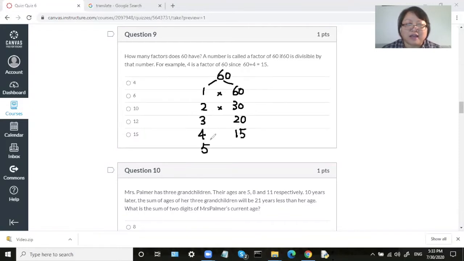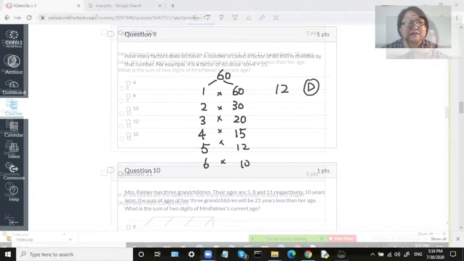Then we can have 5 and 12, then 6 and 10. The next number would be 10, which would repeat. So these are 6 pairs, 12 numbers total, which is D, 12 factors.